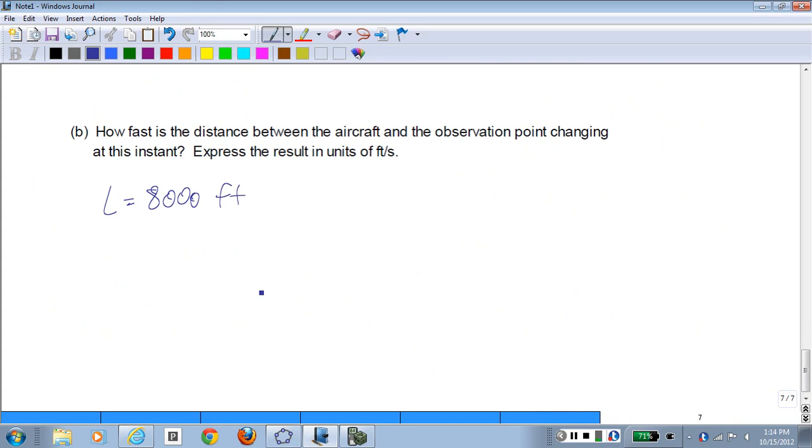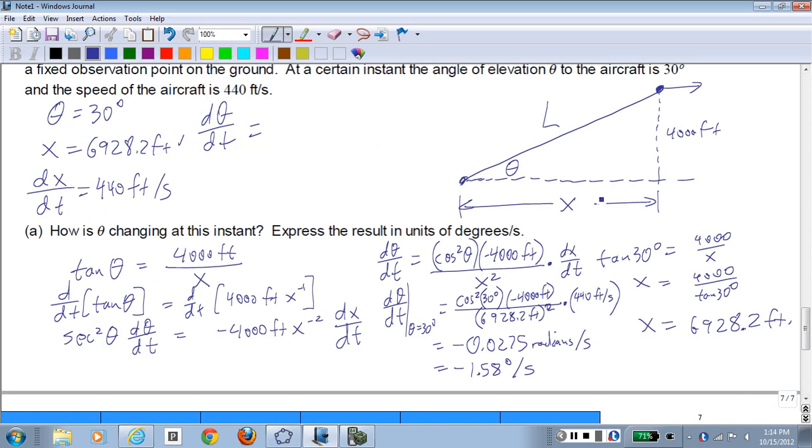And we need a relationship among the quantities x and L, because we need a relationship between dx/dt and dL/dt, because we know dx/dt, and we know L, but we just need to know dL/dt.